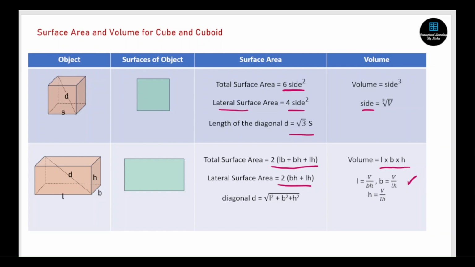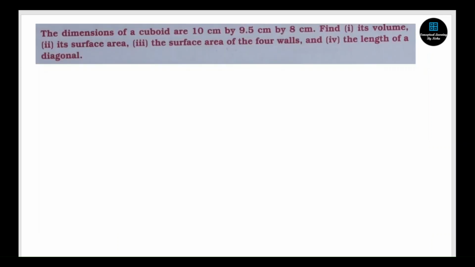So let's solve some questions. Now the dimensions of a cuboid are given. From these dimensions, length is 10 centimeter, breadth is 9.5 centimeter, and height is 8 centimeter.